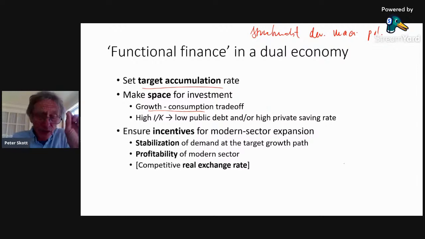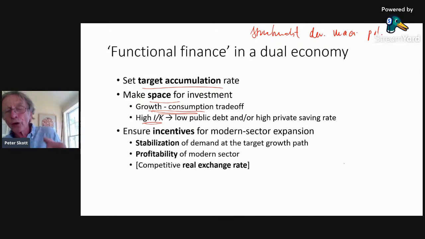But once you've balanced this growth consumption trade-off, you then need to make sure that you create the space for this investment. If you want a high accumulation rate, then you need to somehow have low consumption.